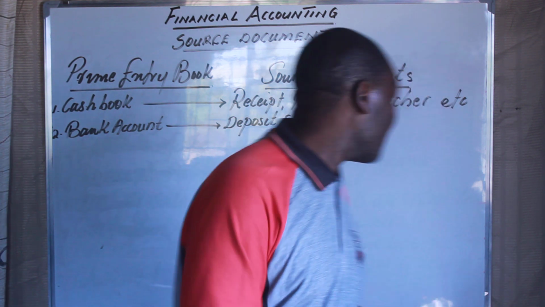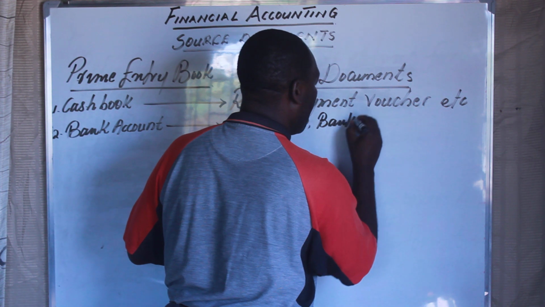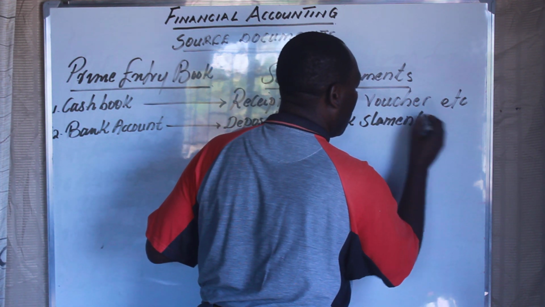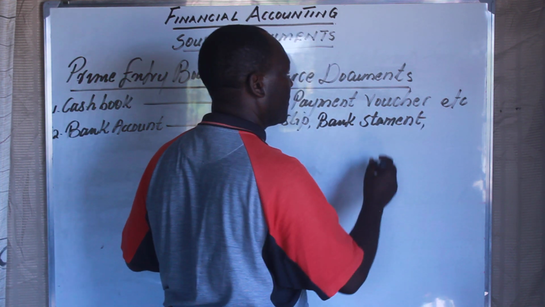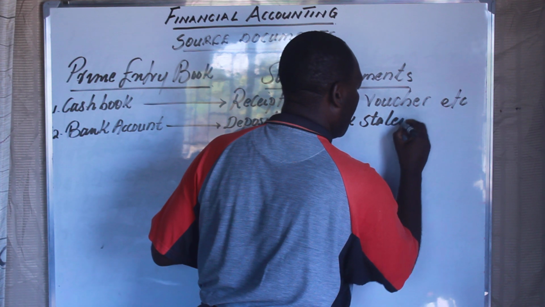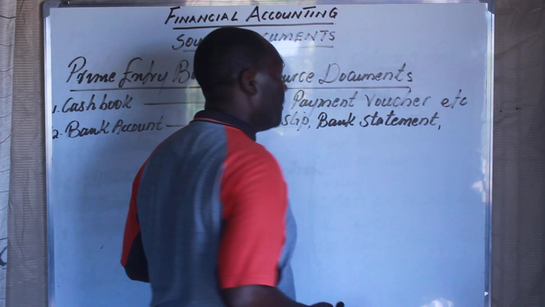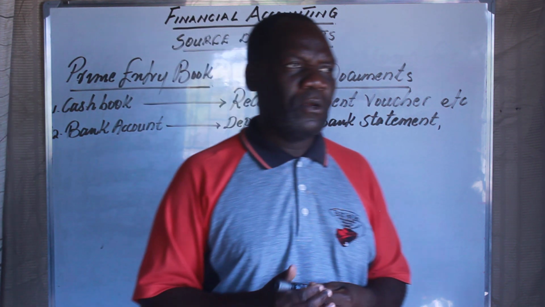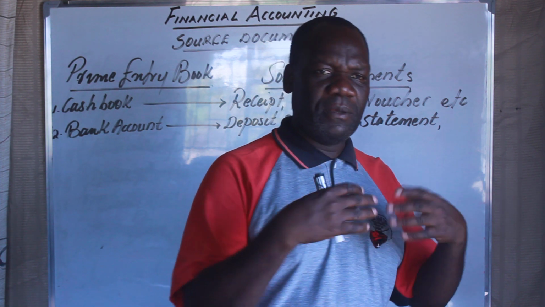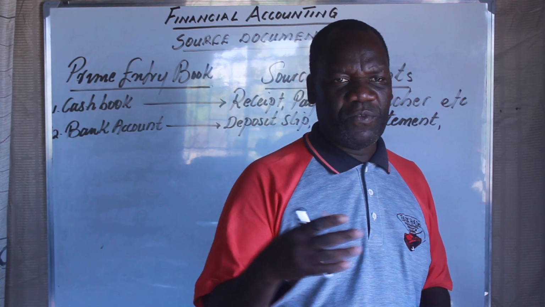The next is the bank statement. The bank statement will show that the money has hit the account or the money was withdrawn on such a date, for such purpose.